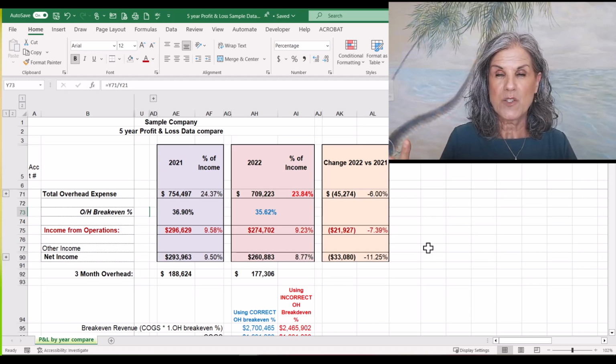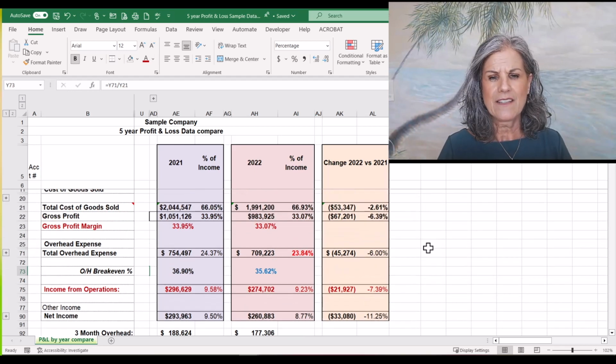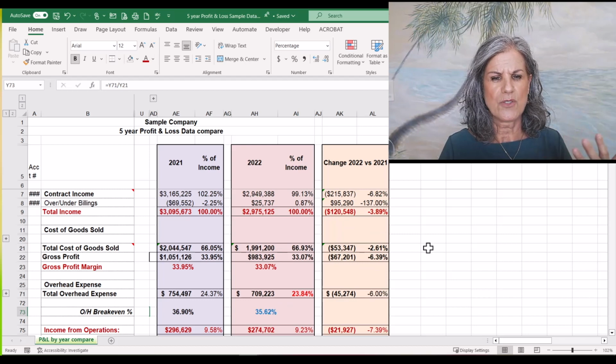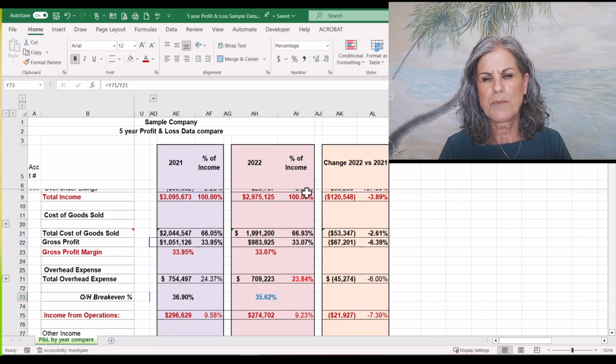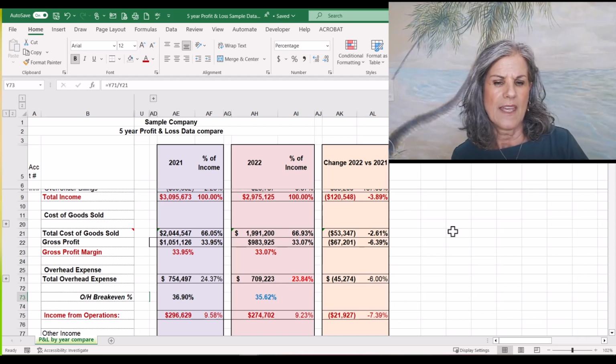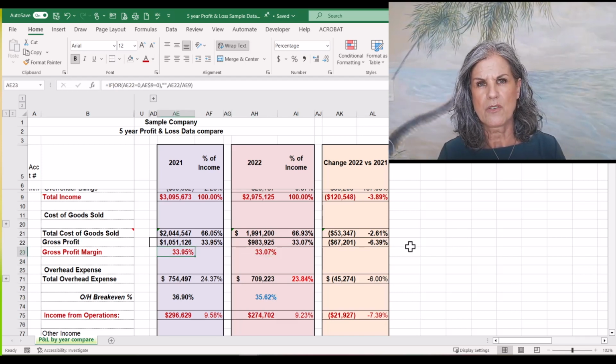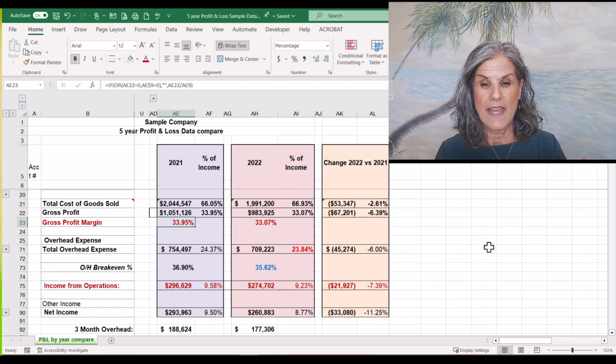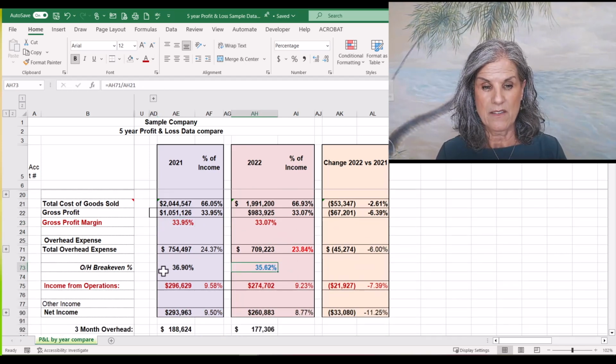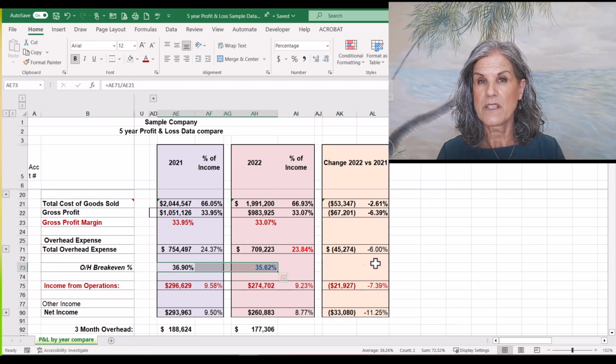If your overhead expense is too high, right? If you look at it, again, this is a general contractor who's doing roughly $3 million a year in revenue, in volume and income, and who's doing about a 33%, 34% gross profit margin. That overhead expense is pretty consistent for them.